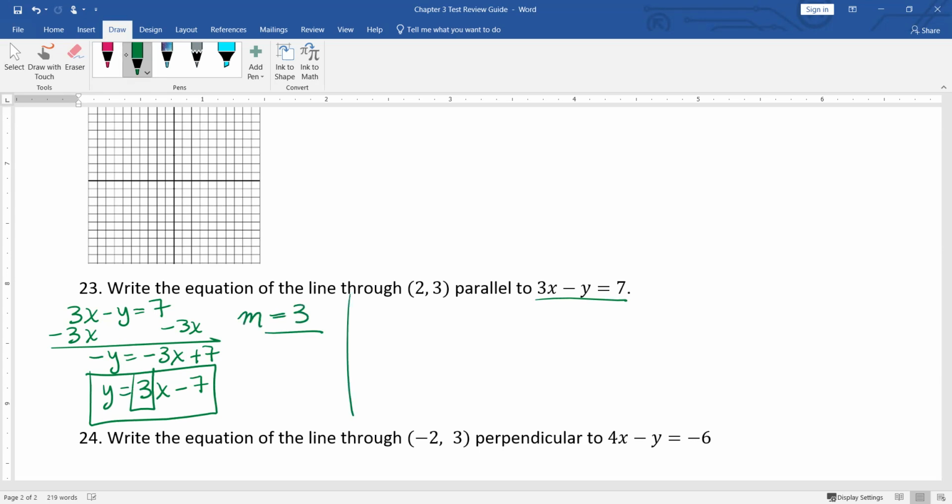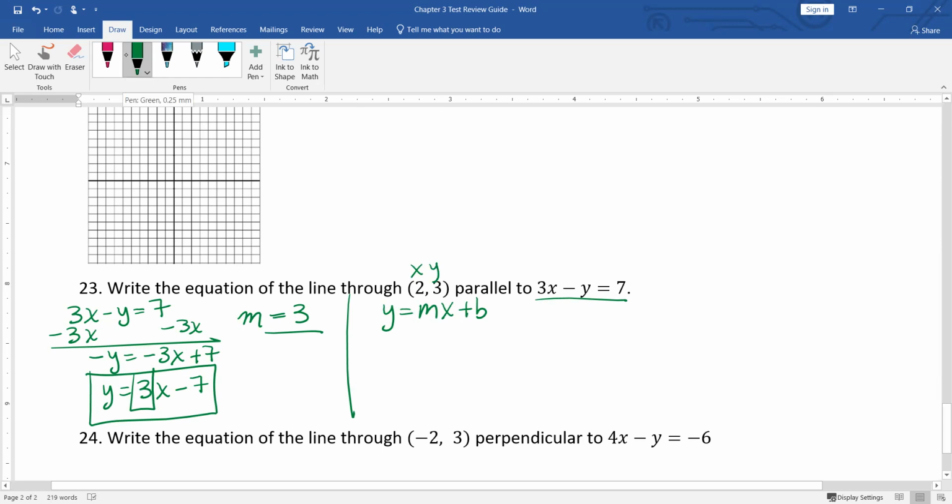Hopefully you remember from the lesson that parallel lines have the exact same slope. That's why they never intersect each other. So if I look at y equals mx plus b, I just have m. This coordinate (2, 3) is on that second line, so I have my x and my y.